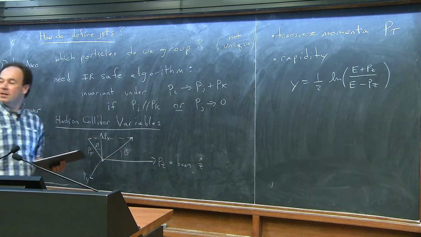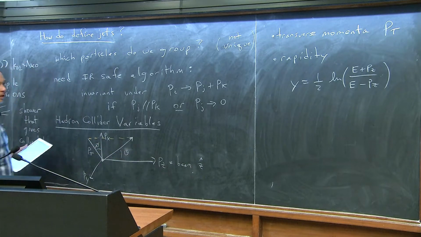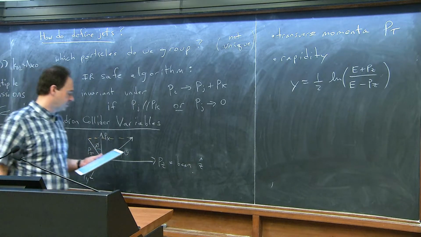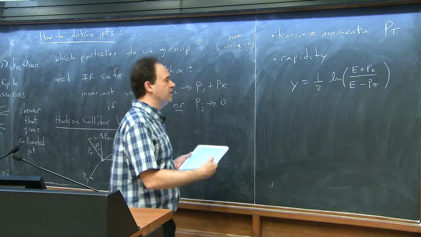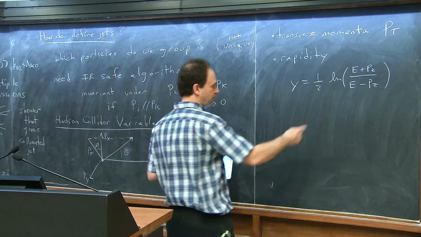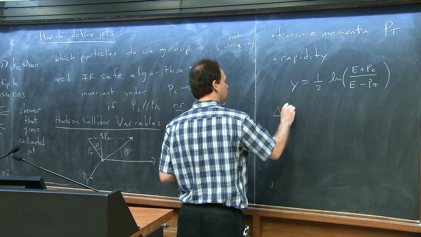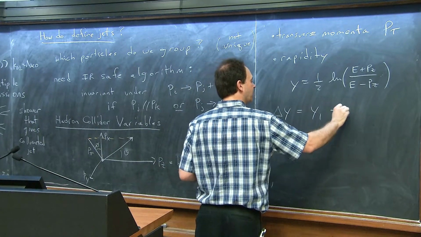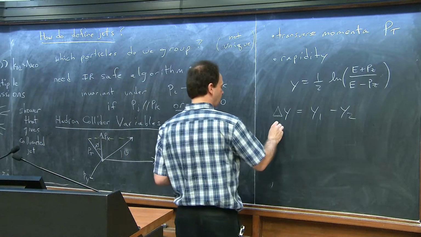And this rapidity has a nice property that under boosts along the z-axis, it's simply additive. Because under a boost, these things here are multiplicative in an opposite way, and so you get a multiplicative factor inside a logarithm, and that makes it additive. That means if you take differences of rapidities, like y1 minus y2, these are invariant to boosts along the z-hat direction.